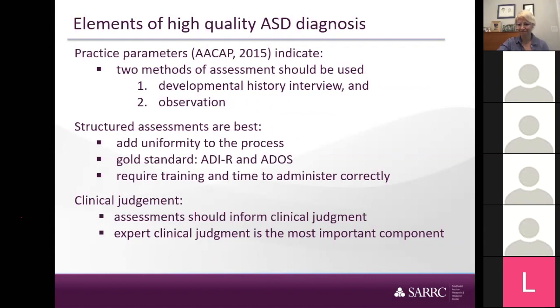Because they add uniformity to the process. So clinicians all across the country, or the world really, are doing similar things because of these gold standard assessments, the Autism Diagnostic Interview and the Autism Diagnostic Observation Schedule, which are probably two of the most common assessments used to diagnose autism in clinical and research disciplines.